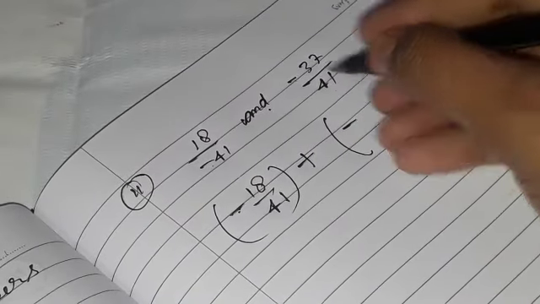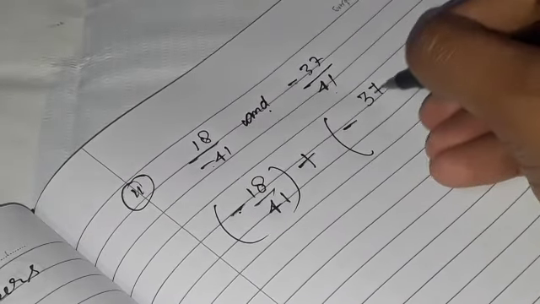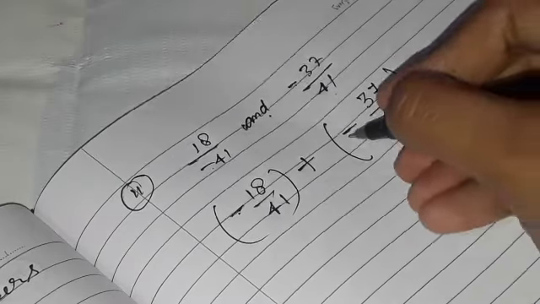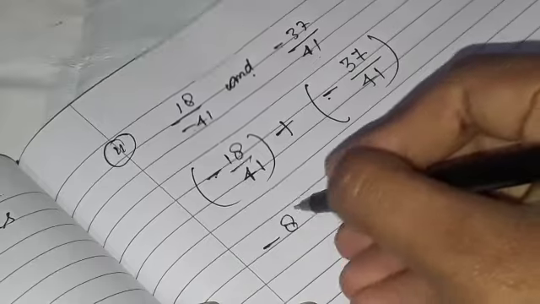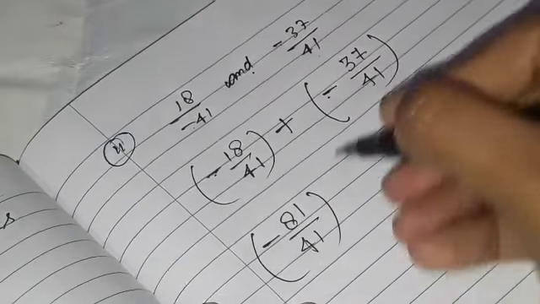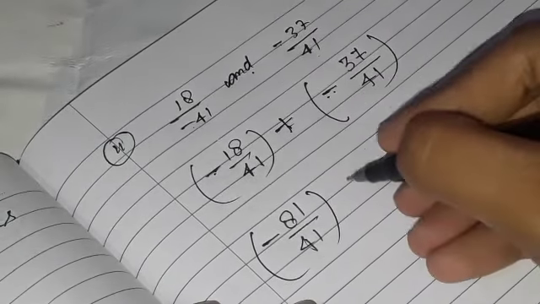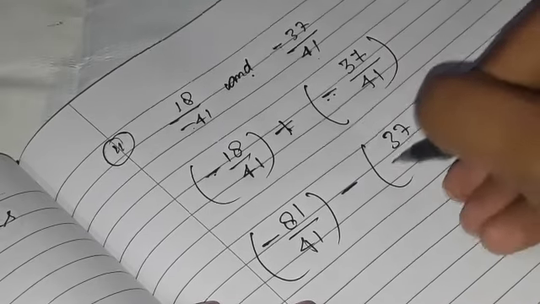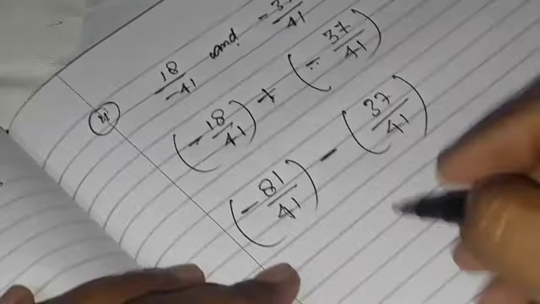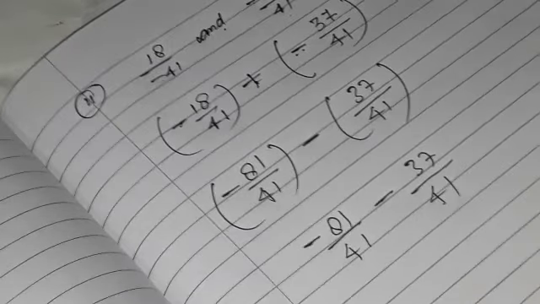So again minus 18 upon 41, and now plus into minus, minus 37 upon 41. 37 upon 41 contains a negative sign. So minus 18 upon 41 minus 37 upon 41.